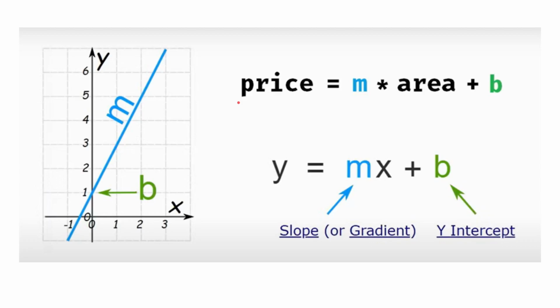Then our equation will be: the price of the house is y, and m is the slope. The x-axis will be the area. So y goes to the price and x goes to the area, while m remains the slope and b remains the intercept.